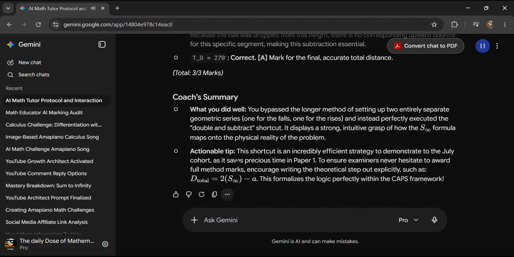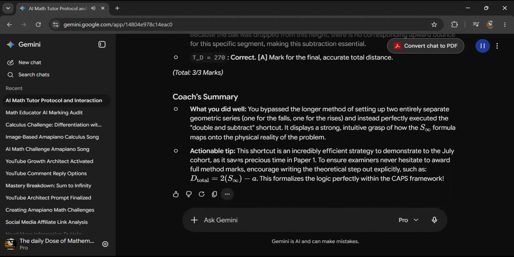Coach's summary. What you did well: you bypassed the longer method of setting up two entirely separate geometric series, one for the falls, one for the rises, and instead perfectly executed the double and subtract shortcut. It displays a strong, intuitive grasp of how the S_infinity formula maps onto the physical reality of the problem.